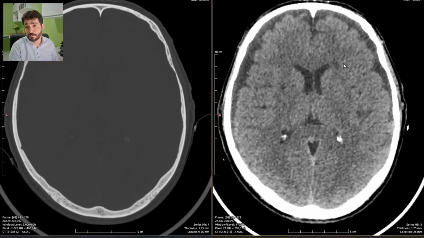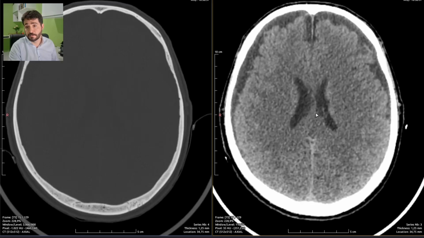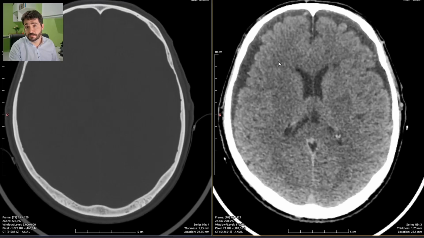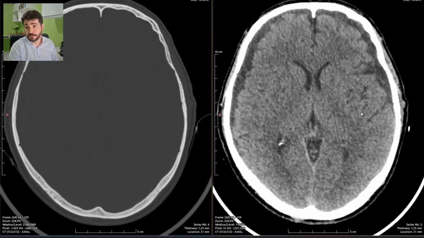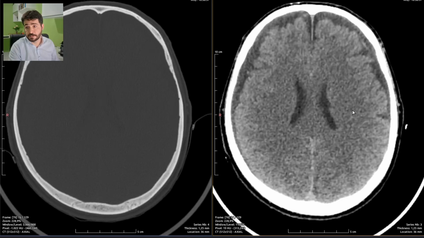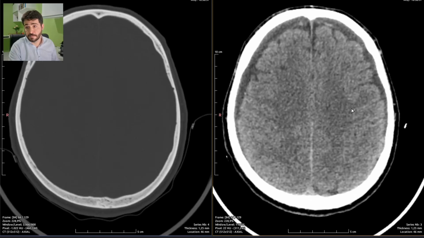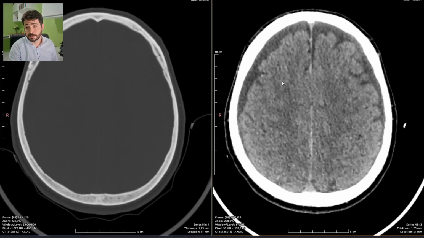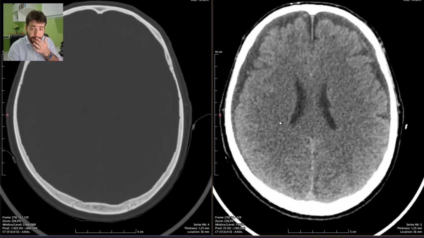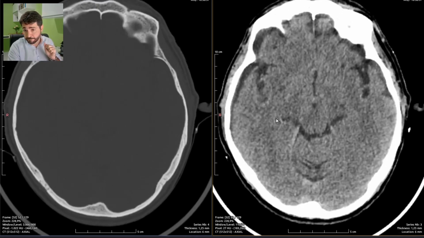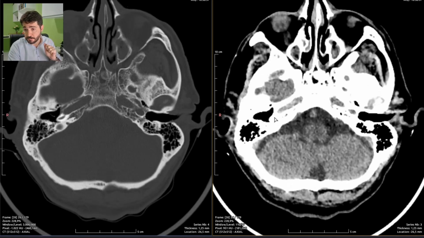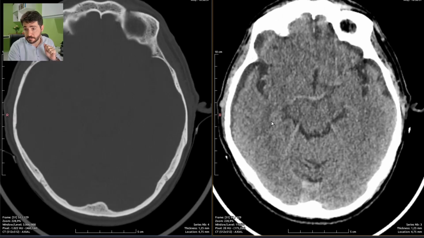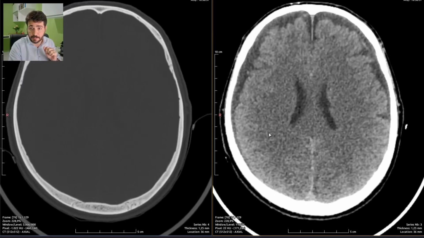Right here, a bunch of tiny spots. This is microvascular disease. This is gliosis, which is much easier seen on MRI, but we have to train our eyes to see it even in cases we only have the CT scan. So this is mild disease, nothing major.